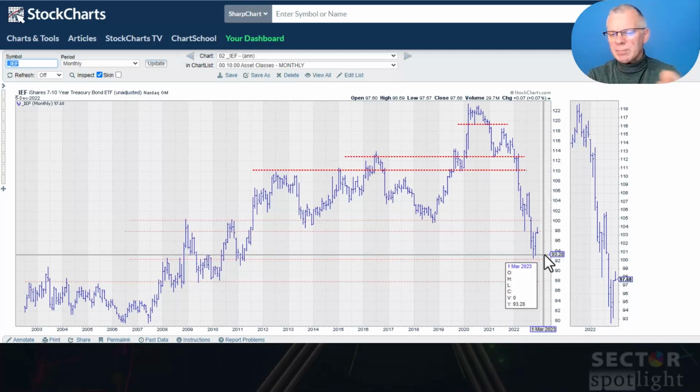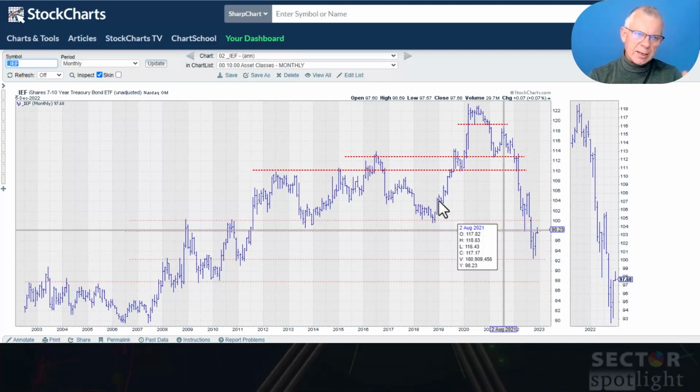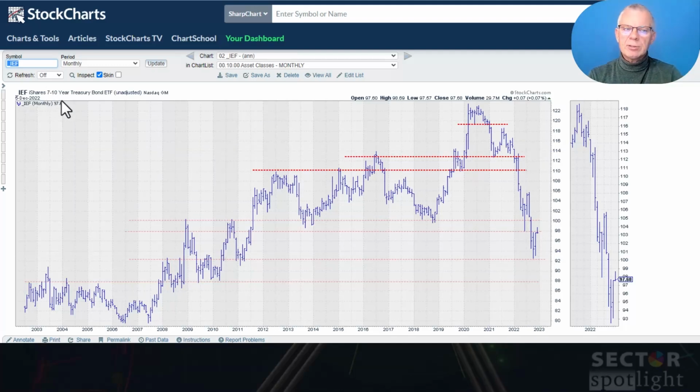It's difficult to say, but the straightforward observation here is that the downtrend in bonds is still intact, and that means a trend upwards for yields. And in the IEF case, that is the 7 to 10 year segment on the yield curve.